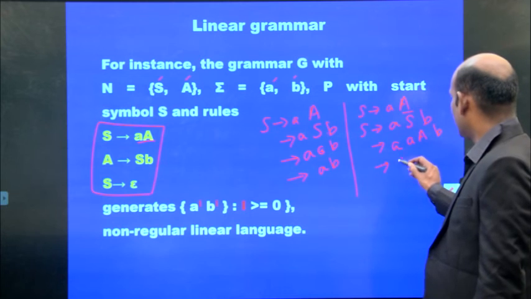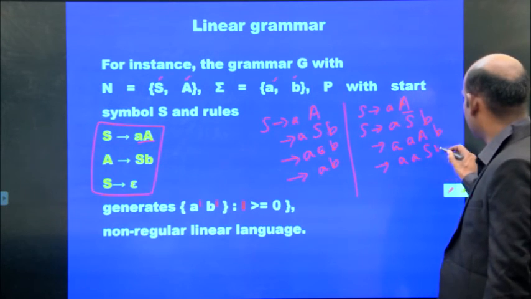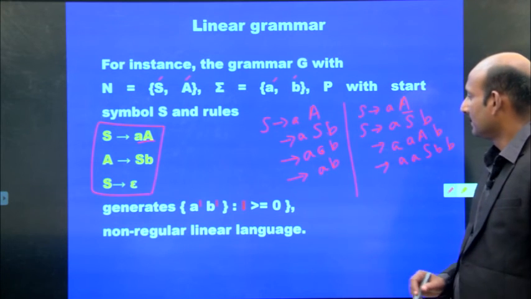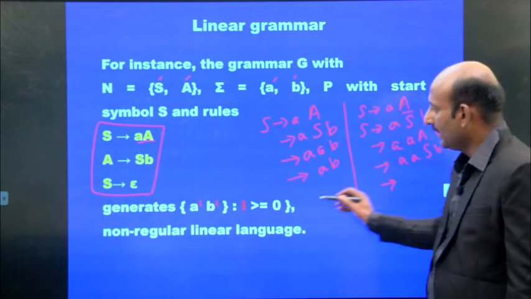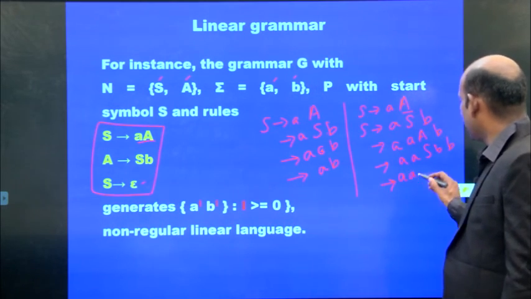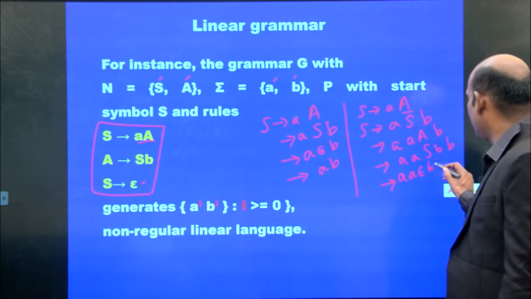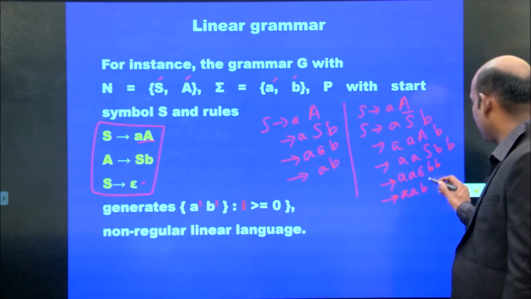Okay. Now, for capital A, again I replace it with S b, b. Then I replace the S by epsilon, that is empty. So, I may get a a, epsilon, b b. That means it is aabb.